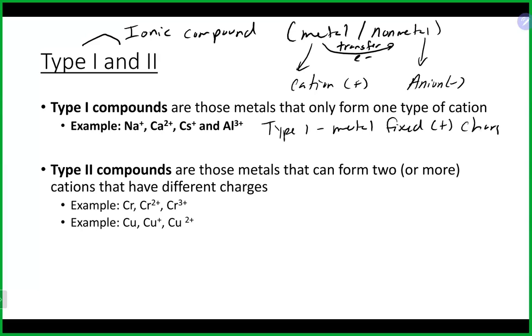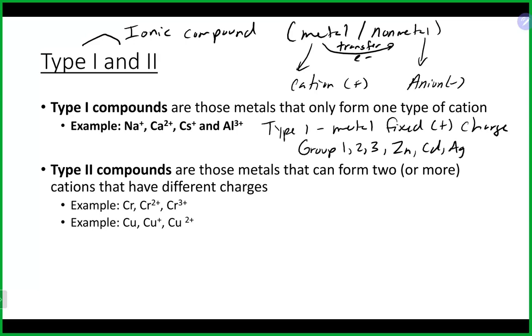So if you remember, as we talked about at the beginning here, on the periodic table, the groups that have fixed positive charges are metals in group number 1, group number 2, group number 3, which is aluminum, and also our 3 transition metal exceptions, zinc, cadmium, and silver.